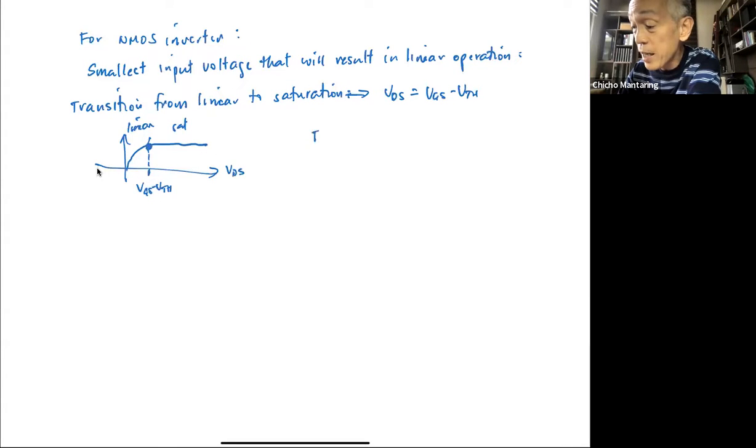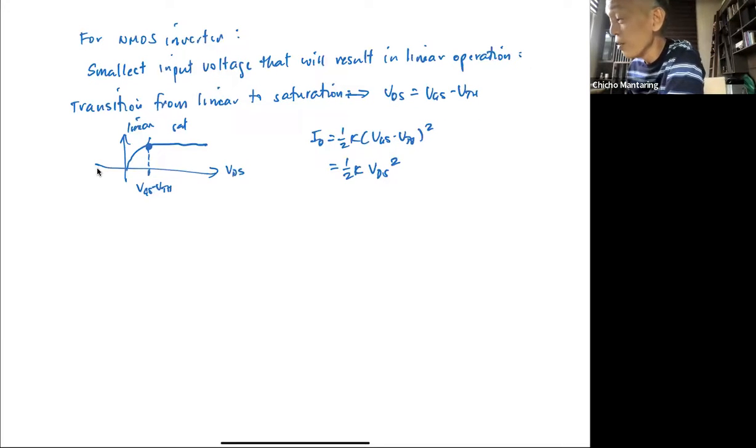What is the value of ID? ID is equal to 1/2 K times (VGS minus VTH) squared. This is 1/2 K times VDS squared, because VDS is VGS minus VTH.